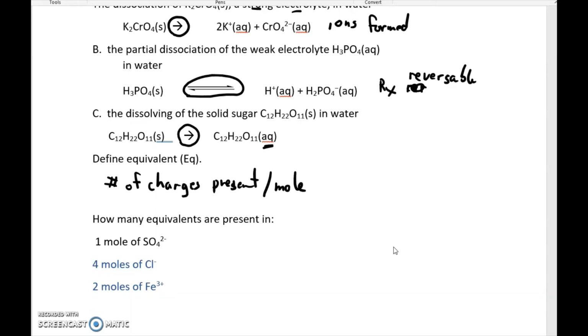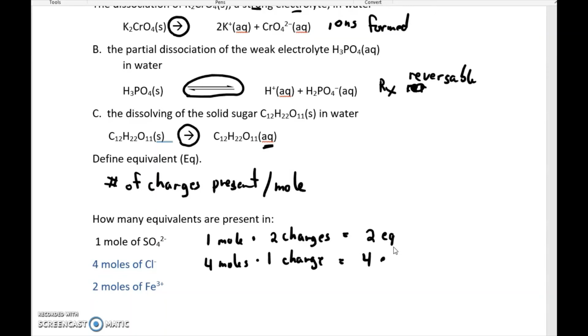Well, each sulfate has 2 charges, so we get 1 mole times 2 charges, and that gives us 2 equivalents. 4 moles of chloride, well, we have 4 moles, but each chloride has 1 charge, so we'd have 4 equivalents. 2 moles of iron 3 would give us 2 moles times 3 charges, and that's equal to 6.